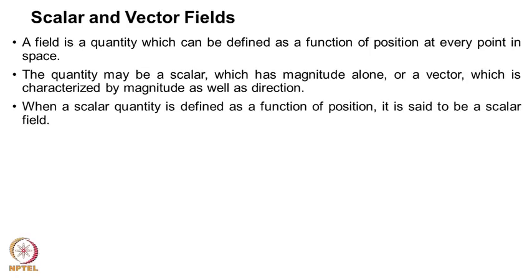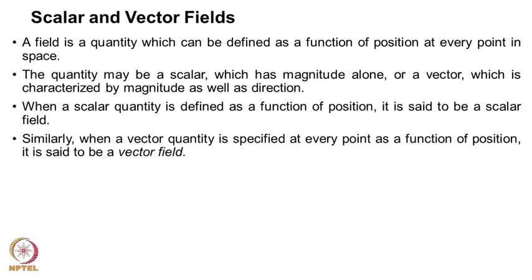When a scalar quantity is defined as a function of position, then it is said to be a scalar field. Similarly, when a vector quantity is specified at every point as a function of position, then it is said to be a vector field. For example, temperature is a function of x, y, z, and if you prescribe temperature, it becomes a scalar field.